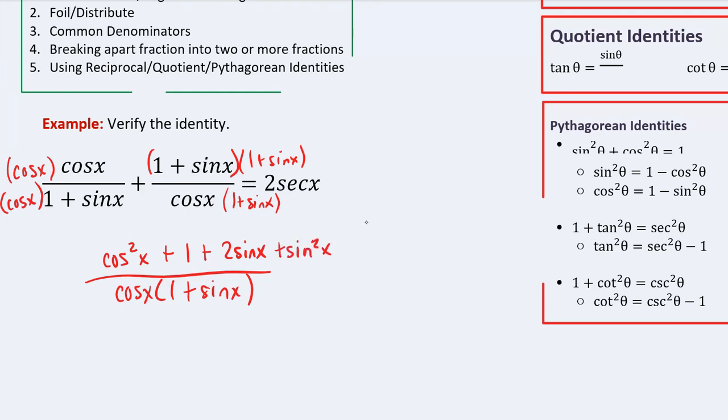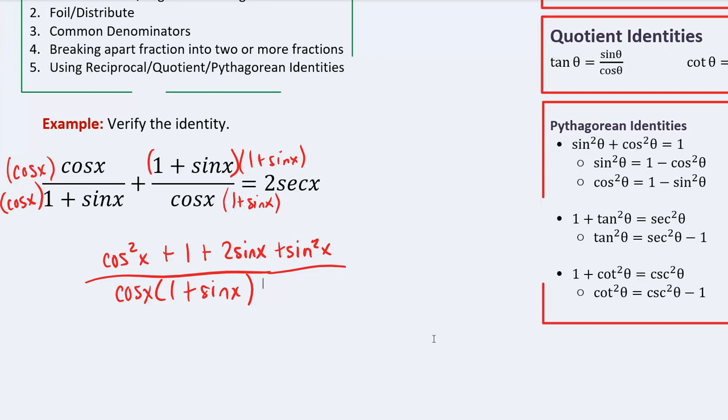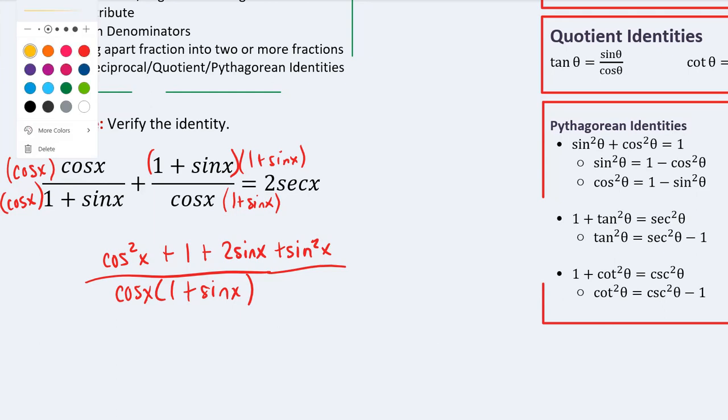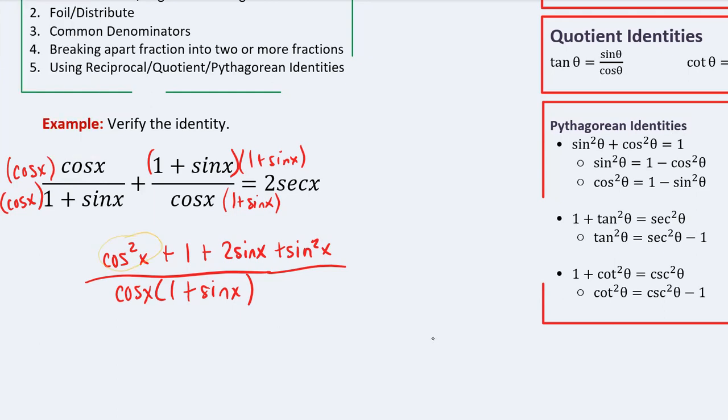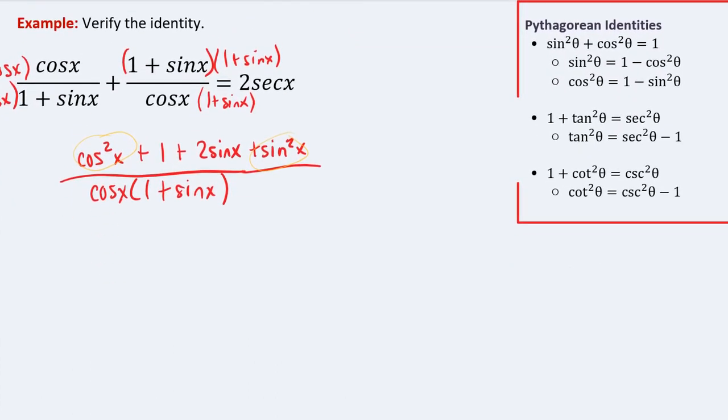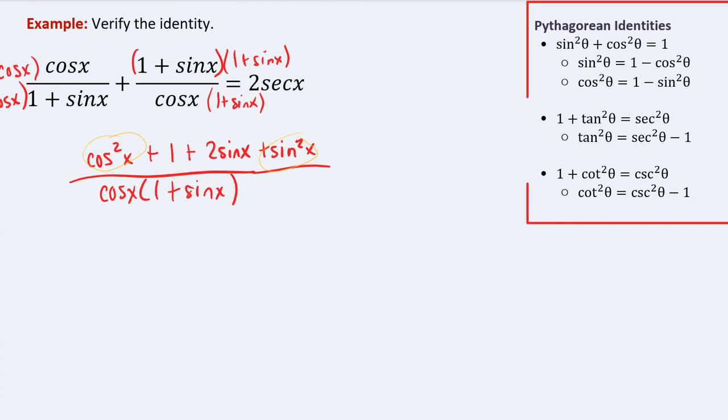Okay, so if we look at our numerator and you think about your Pythagorean identities, we have cosine squared plus sine squared. Remember that cosine squared plus sine squared is equivalent to 1. So I can plug in the fact that cosine squared plus sine squared is 1. Therefore, my next line would be 1 plus 2 sine of x all over the denominator.